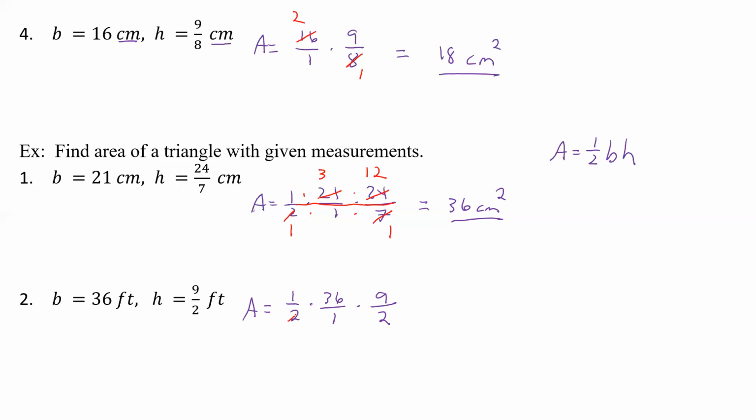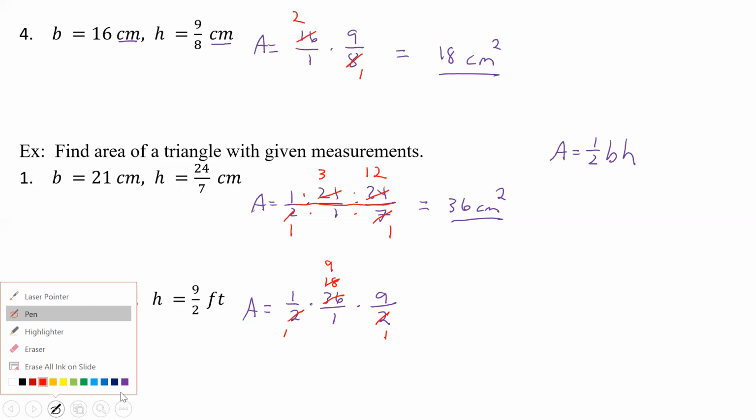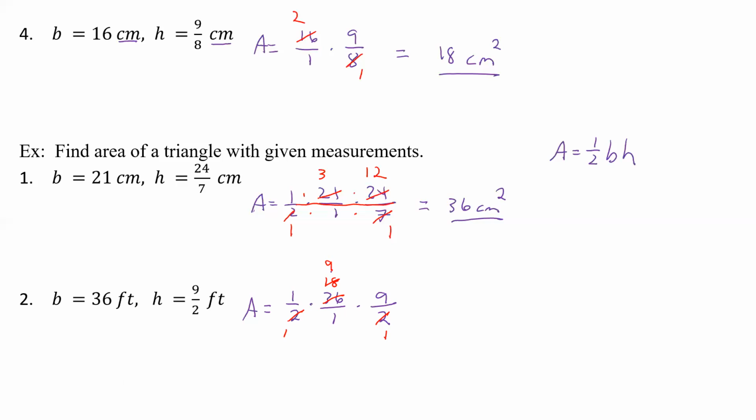Well, 2 will go in here once, and 2 will go in here 18 times. Well, guess what? This 2 will go in here once, and this will go in here 9 times. So now we kind of canceled off that 1 twice, but it's still okay because now we have 9 times 9 is 81. The denominator is all 1. And now we have feet squared because we have feet times feet.